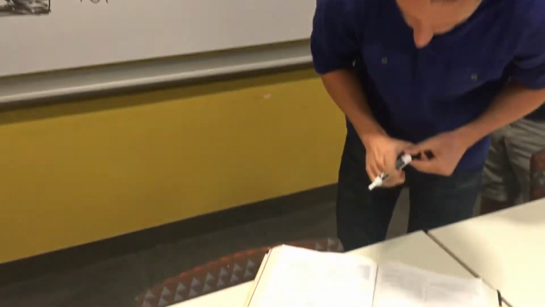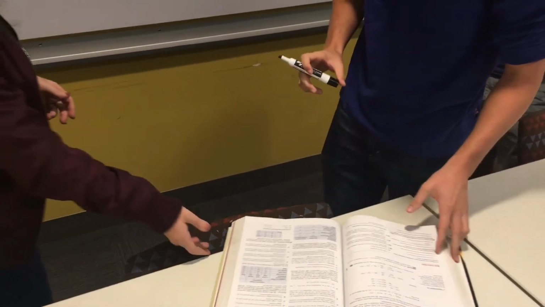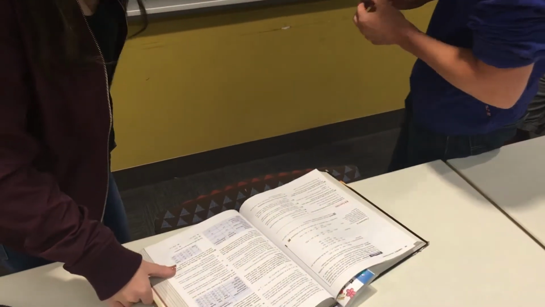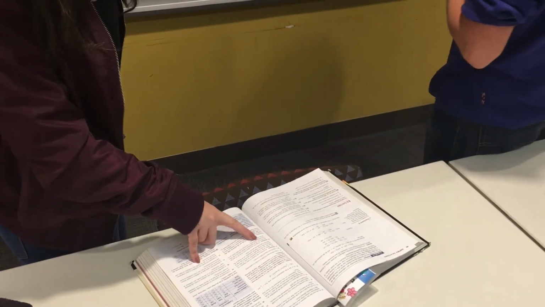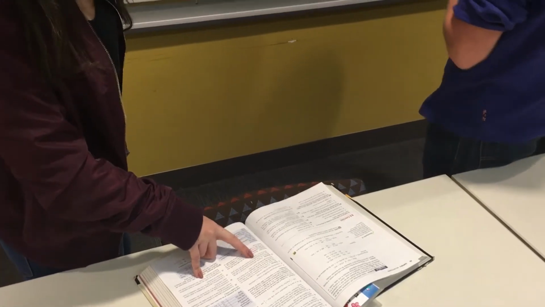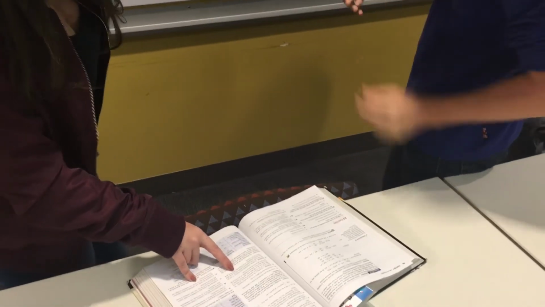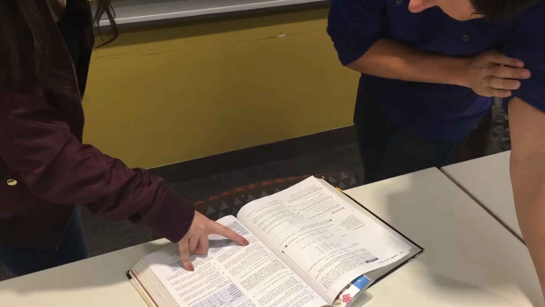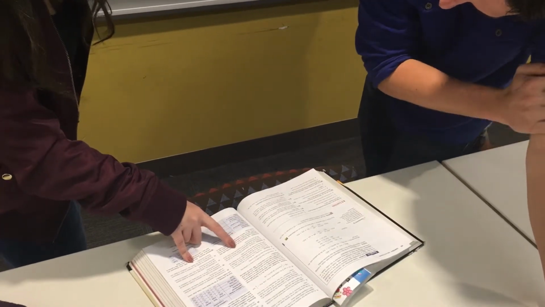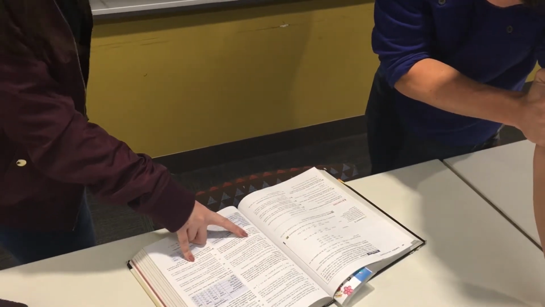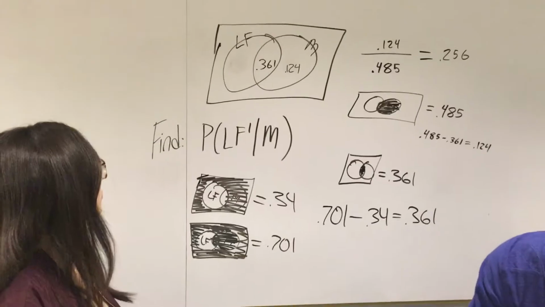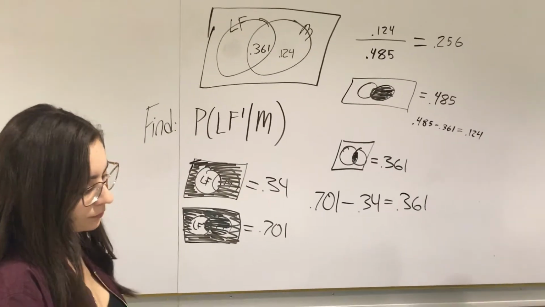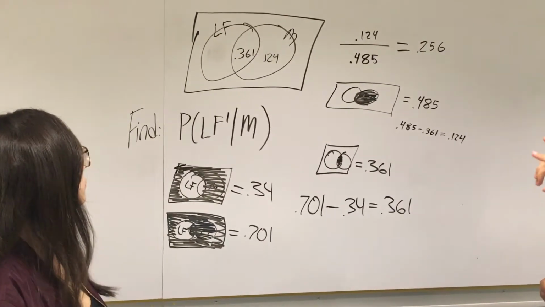We can do 24 as well, right? Because 24 is based off of the same information. So problem 24 says, using the information from exercise 23 and the fact that 21.6% of the population is female and not in the labor force, find the probability of not being in the labor force given that the person is female. Okay, so basically that 21.6% is just the not, right?